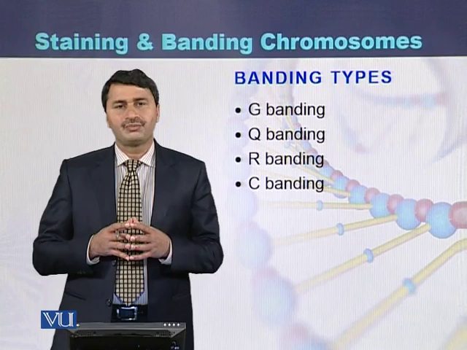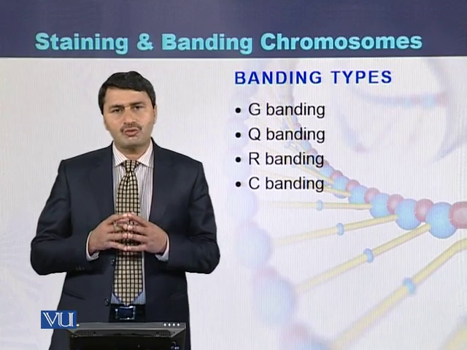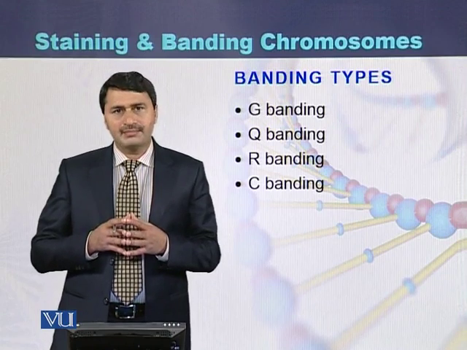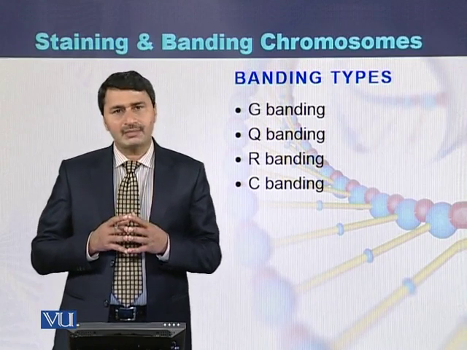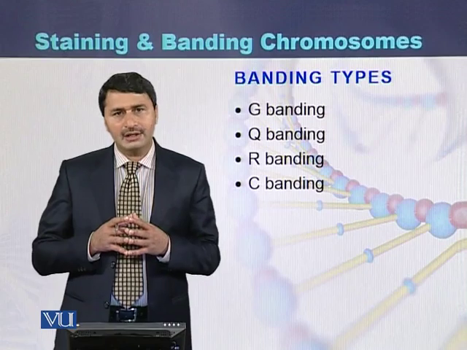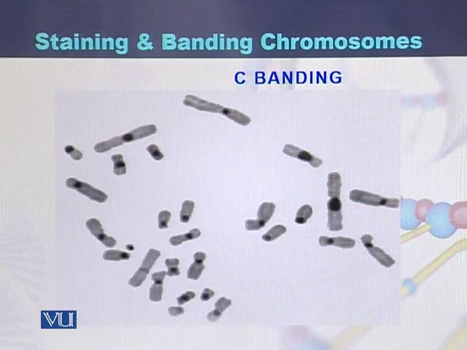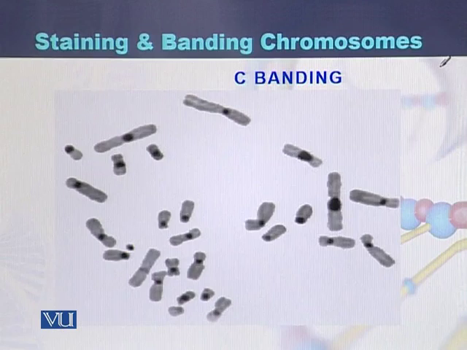Banding types. There are 4 most common banding types: G banding type, C banding type, R banding type, and Q banding type. Here is the example of C banding type. C banding type is for banding the centromere.